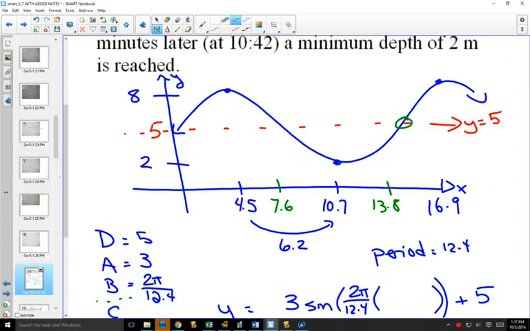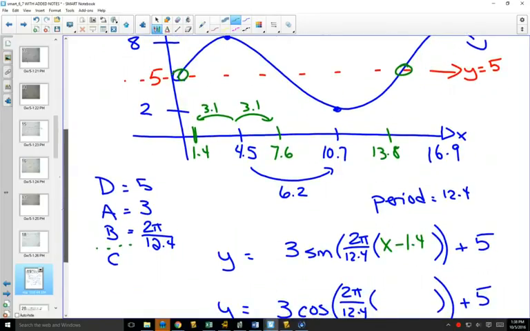You could choose this one or this one. Can someone tell me where that first one is? Close. 1.4. How did you figure that out? How much is it in between here? 3.1. So if you go back 3.1, you'll get to 1.4. So you could use 1.4 or you could use 13.8. Either would be fine. They're both shifts to the right, so you would have x minus 1.4.